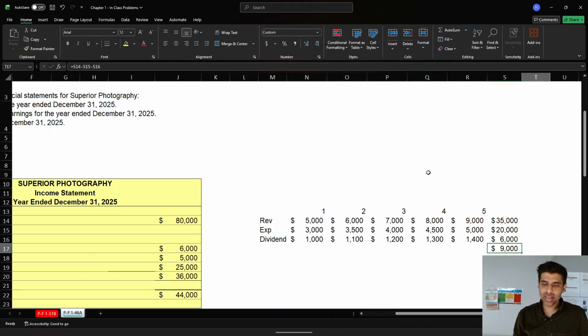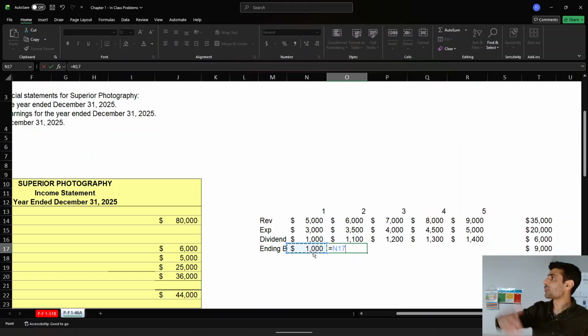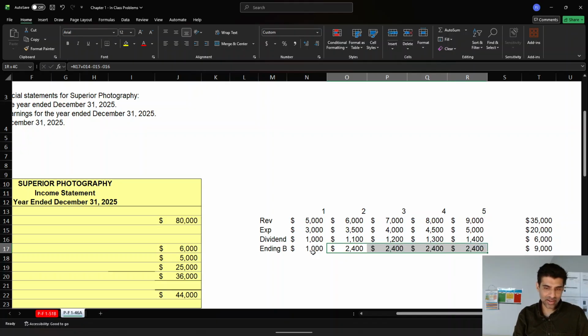It's the same thing. This is the sum if I just add it up since the beginning of time. Now, another way I could do it is every year: revenues minus expenses minus dividends. This is my ending balance. And then the next year, I take my balance from the previous year, and add the revenues minus expenses minus dividends. And I just keep doing this till the end.